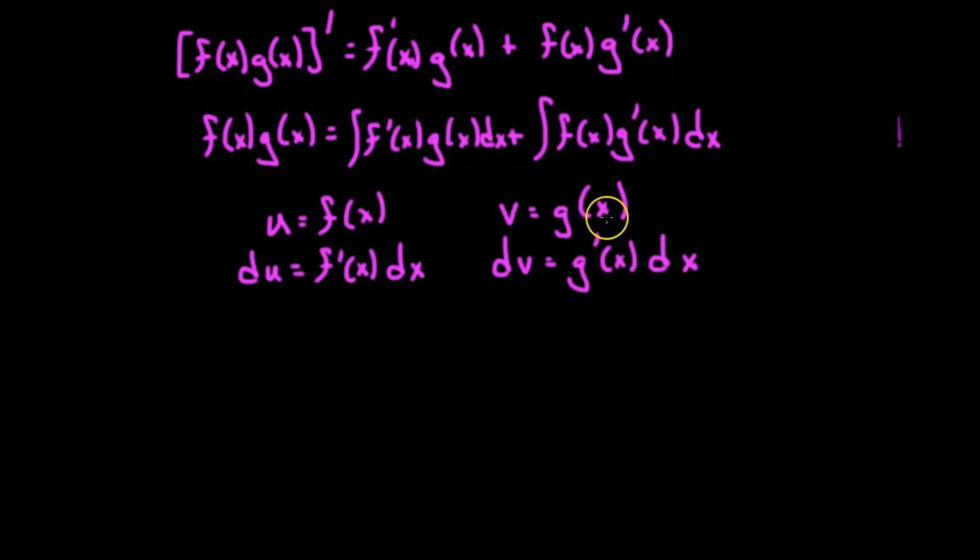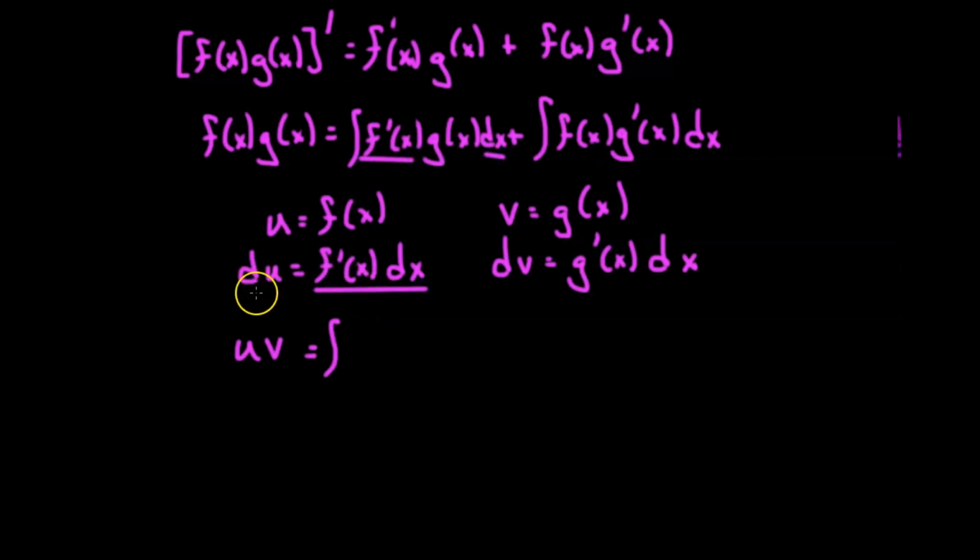Okay, so let me insert these back into this equation here. Make it look a little bit better. So we have f of x times g of x, so that's uv, equals the integral of f prime of x and g of x. So f prime of x times dx is right here.